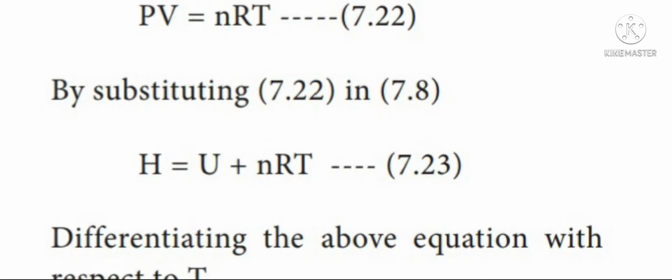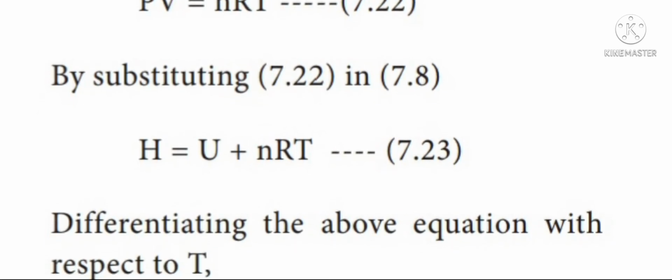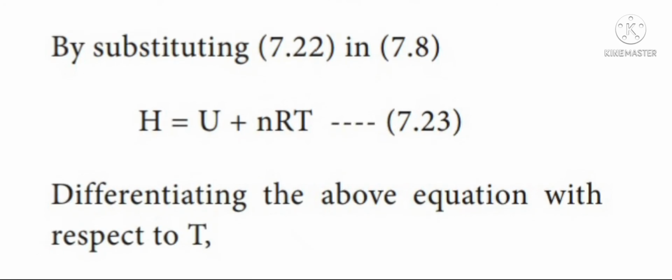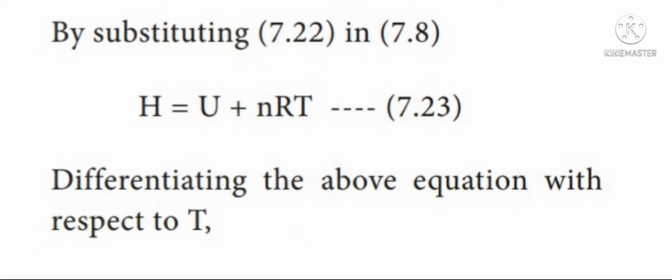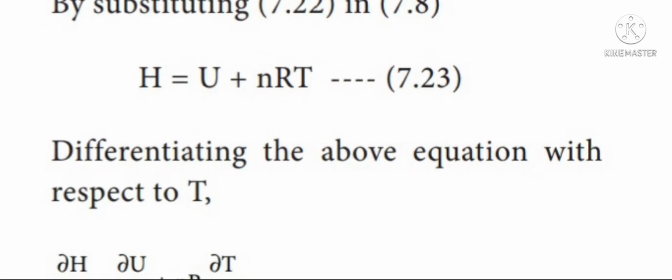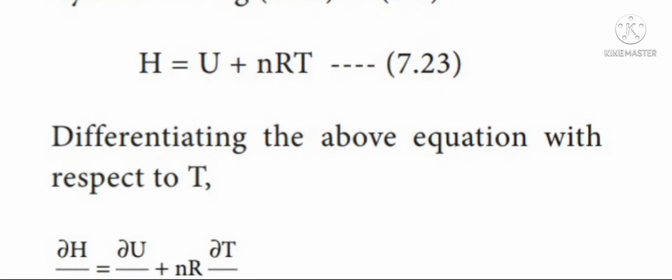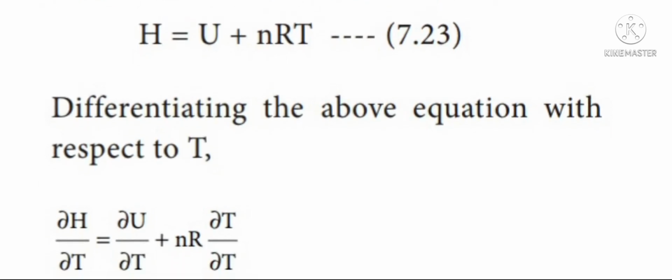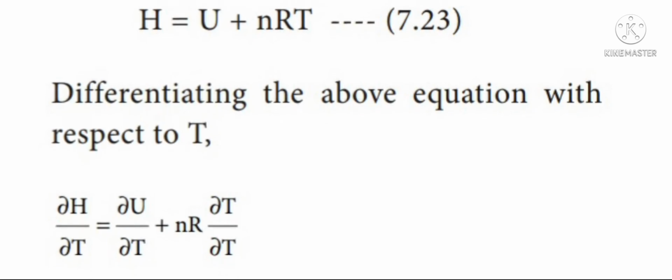It is given by equation 7.23. Differentiating the above equation with respect to temperature, equation 7.23 becomes dH by dT is equal to dU by dT plus nR dT divided by dT.